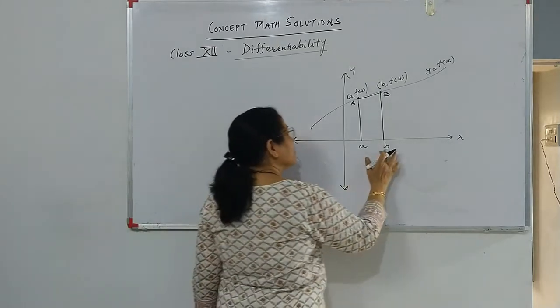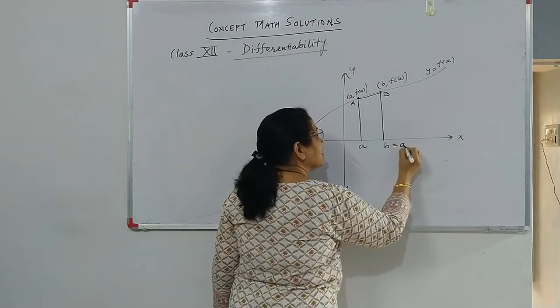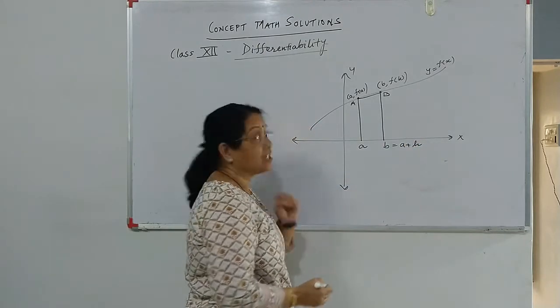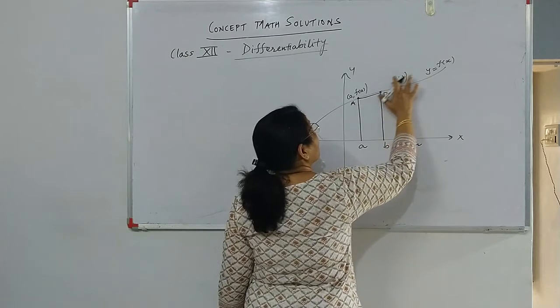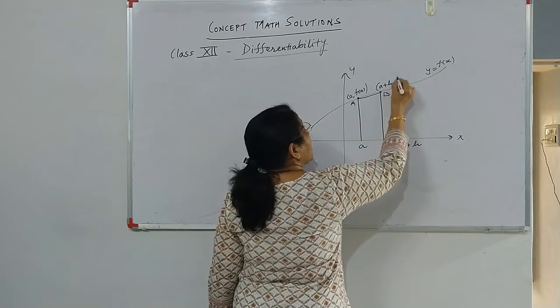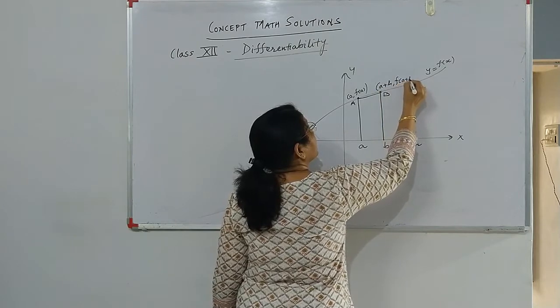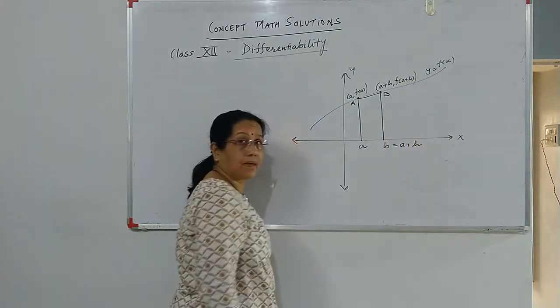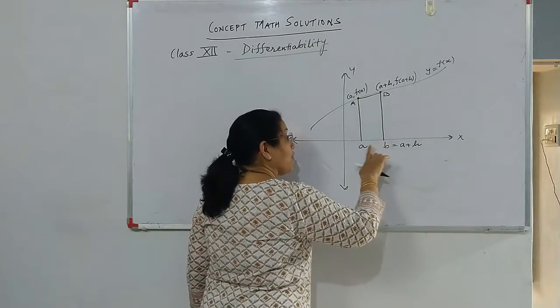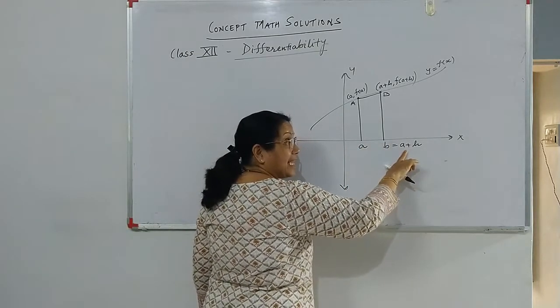Now suppose this B is a little larger than A, which is A plus h. So I have this point as A plus h and f of A plus h. So A changes from A to A plus h.